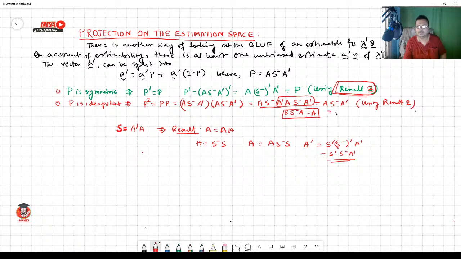So again it is P. Okay, so P is an idempotent matrix.